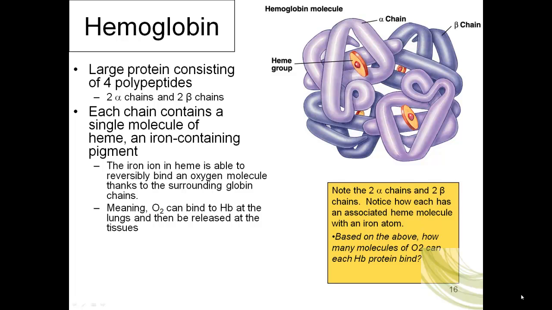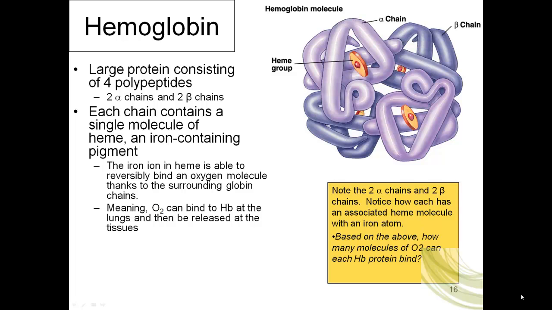Each hemoglobin chain, if you look at the top right picture, has this orange disc-like substance in the middle of it. Now that's called a heme group, and a heme group consists of two things. It contains the circular disc-like structure called a pyrrol ring, and in the middle, shown as a red sphere, is iron.